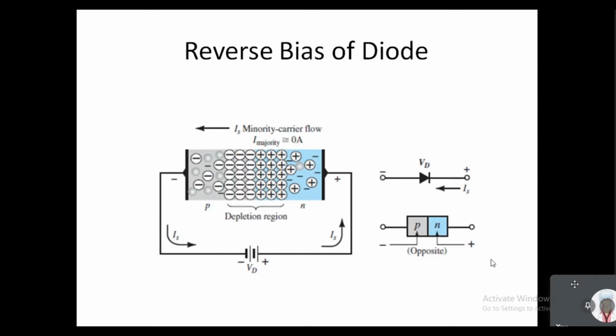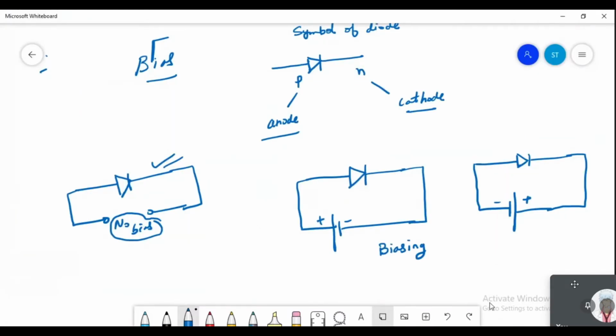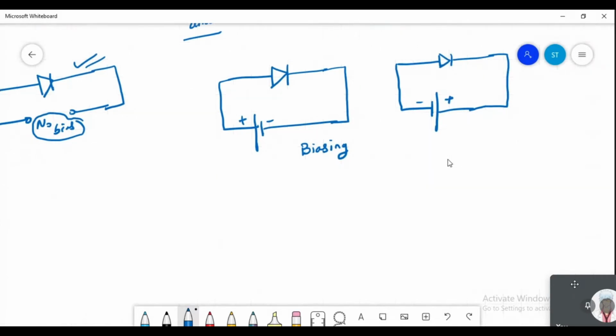So the reverse bias assists the flow of minority charges. If you look at this figure, this kind of biasing is called forward biasing, and this is called reverse biasing. You are all aware of this.